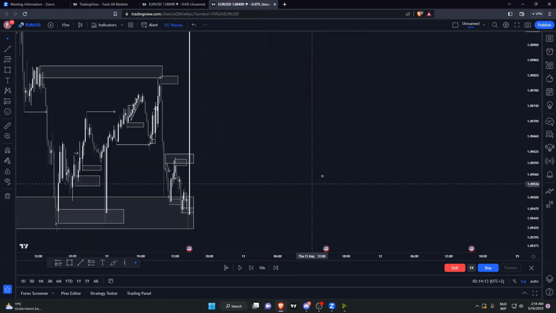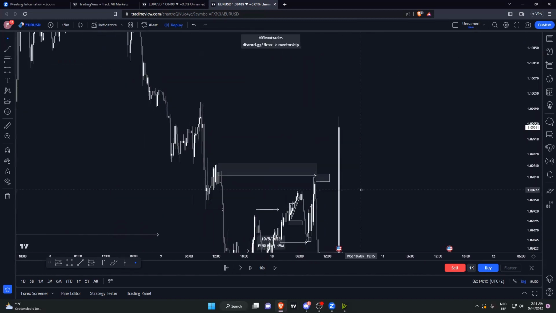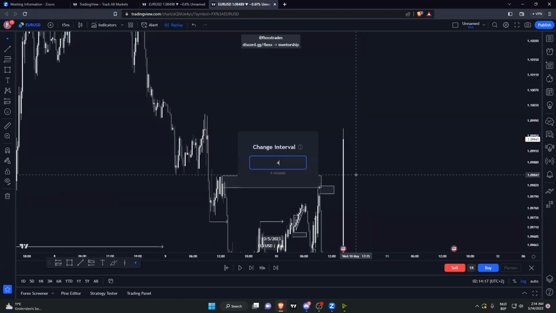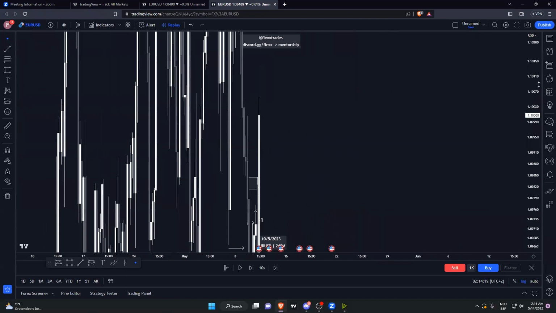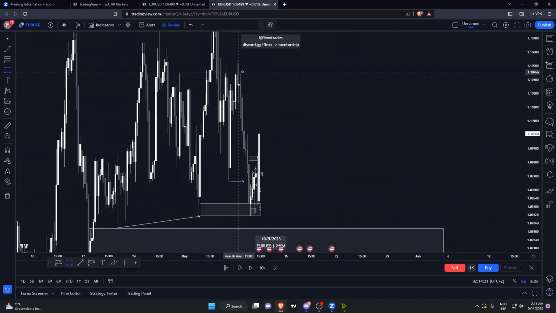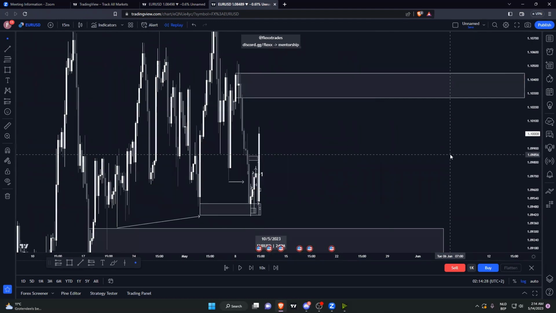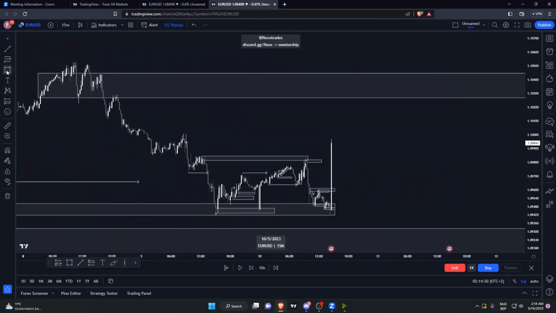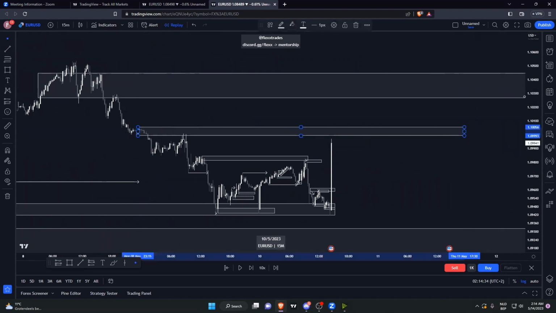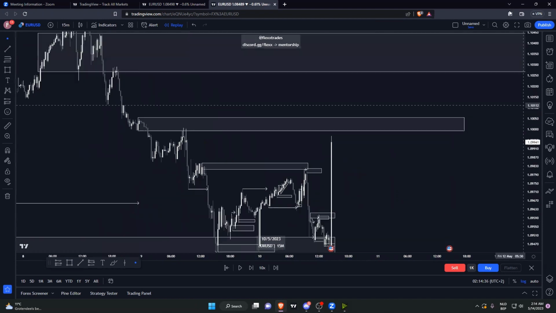And then we're simply going to be looking at a 15-minute POI or a 4-hour POI. Let's see. We have a POI right here. And then on the 1 hour, 15-minute, do we have a POI? We do have a POI right here, right? What do you have right here?